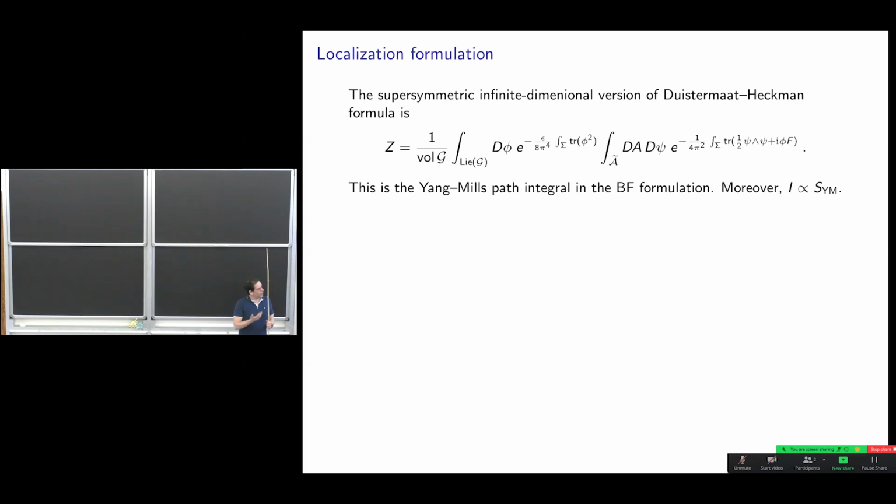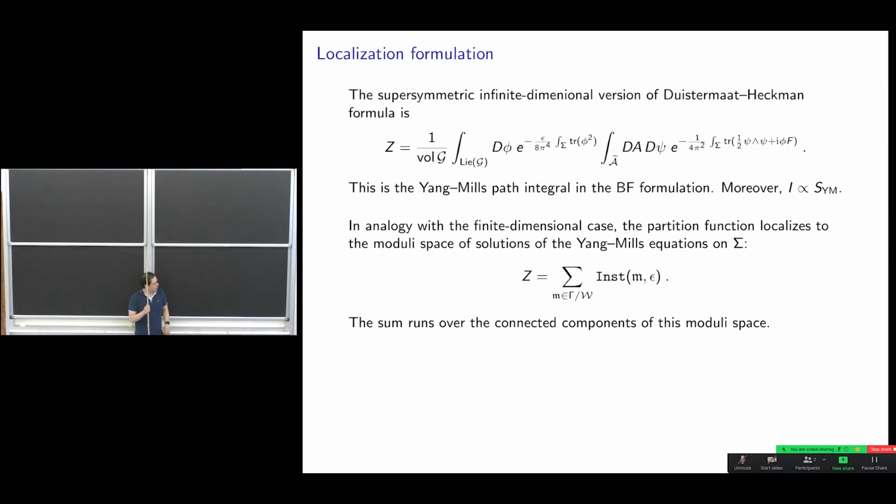So again, if this goes as we were saying, what you're localizing on is the critical points of the Yang-Mills action. As in the perturbative formulation, what you find is that your result should take the form of a sum over the critical points, or in other words, the partition function localizes on the moduli space of solutions of the Yang-Mills equation, the moduli space of instantons that are labeled by the magnetic charge.